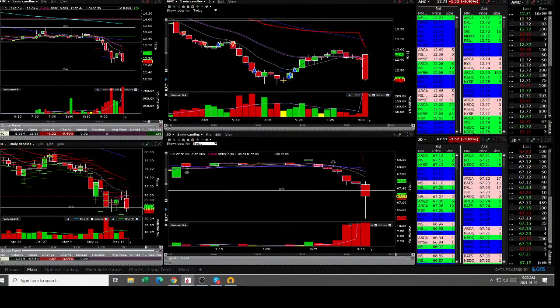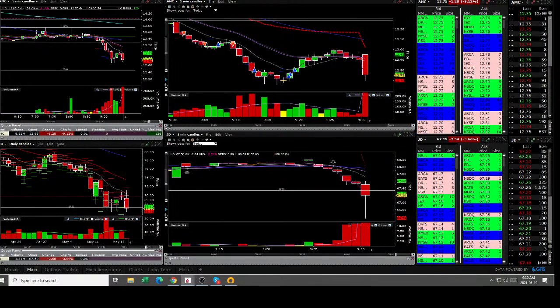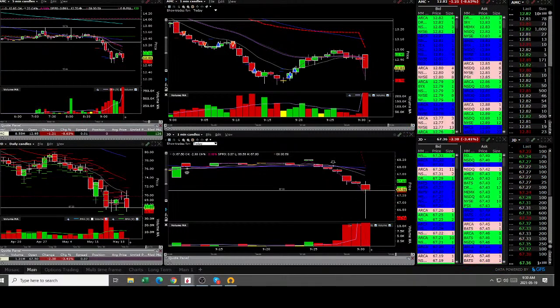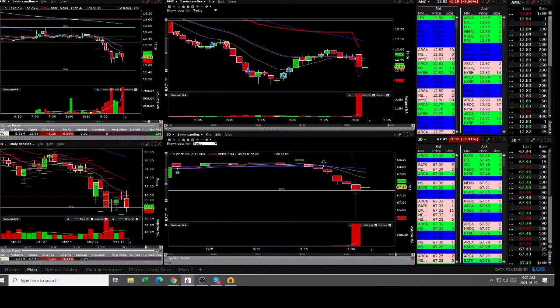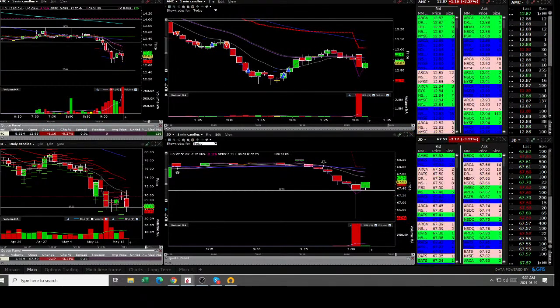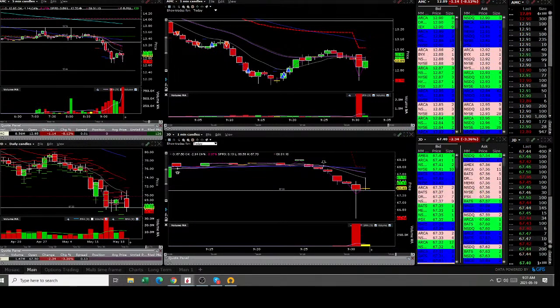JD, AMC both are sharply down. Mara moved up, rejected the VWAP. Let's see what it does next. Nasdaq is sharply up. Wow. Nasdaq, the first move is up. SPY is lagging.